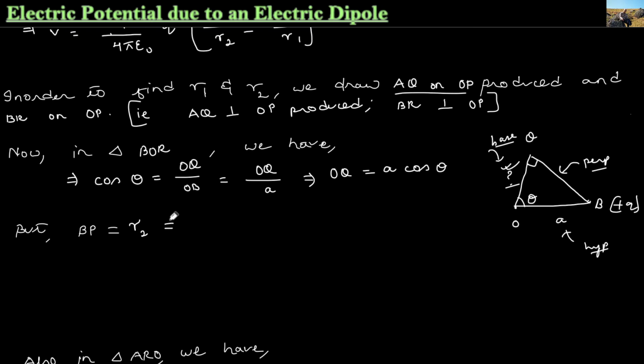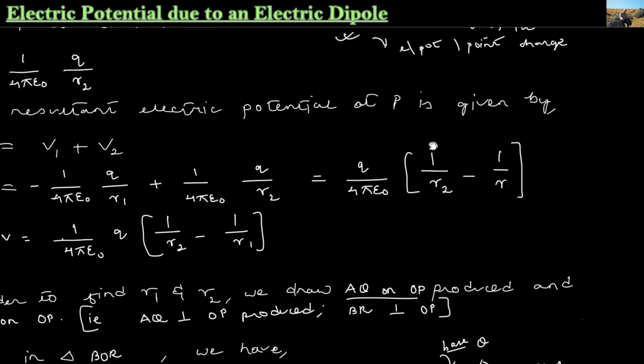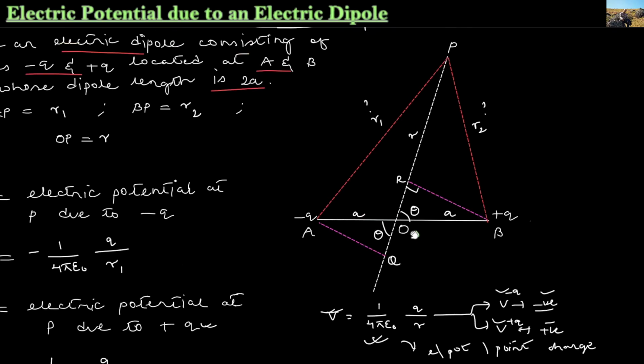But if we consider that the electric dipole is very short, then this BP will be equal to PR.